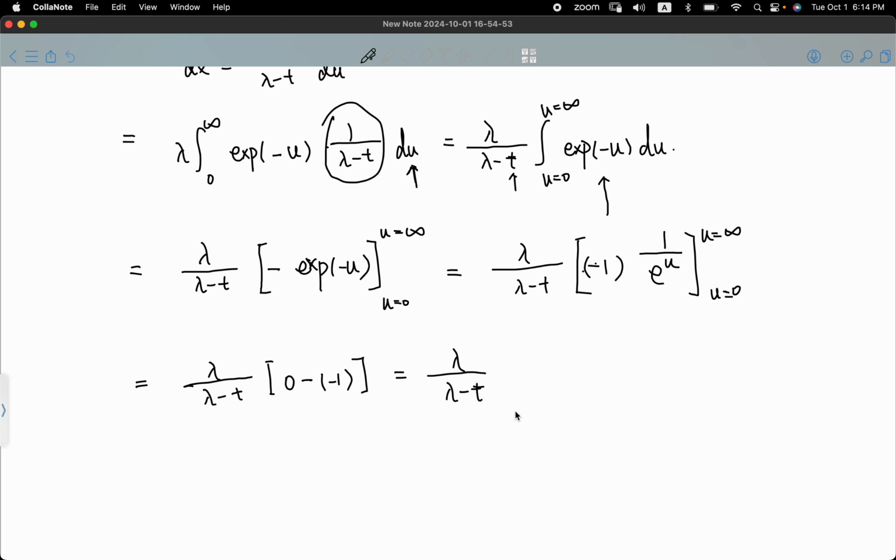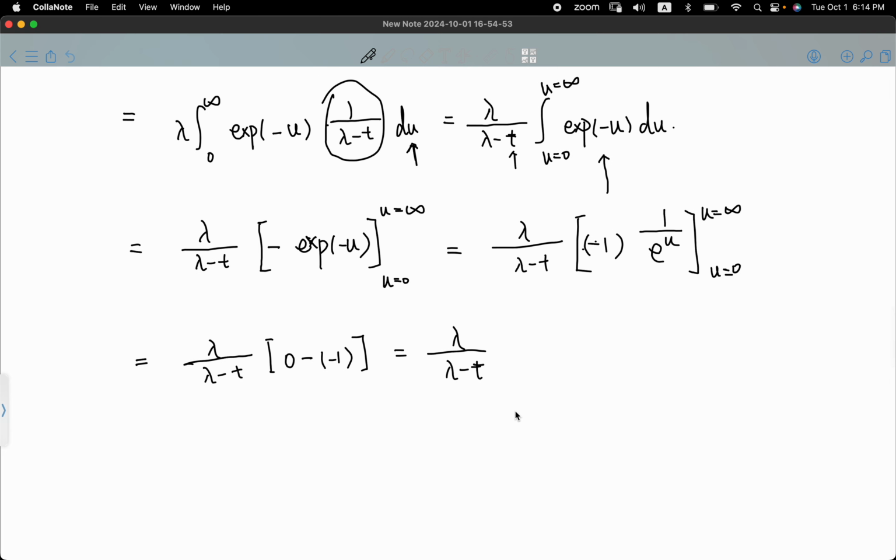Okay, so let me also change the expression for this one a little bit. One way you can change this fraction is to write it as lambda multiplied by (lambda minus t) raised to the power of -1.